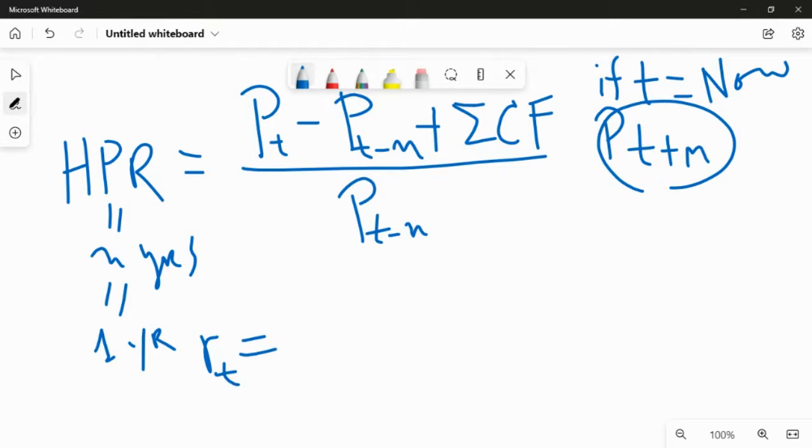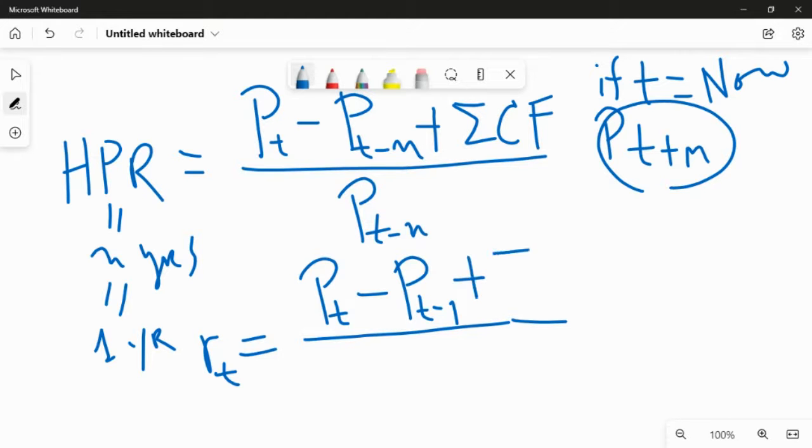Holding period is a single year, so single period return. And in that case, it's fairly straightforward. It will be P(t minus 1) because the holding period was 1 year. You bought the stock just 1 year ago. So we have the price data of the stock 1 year ago and price data now.